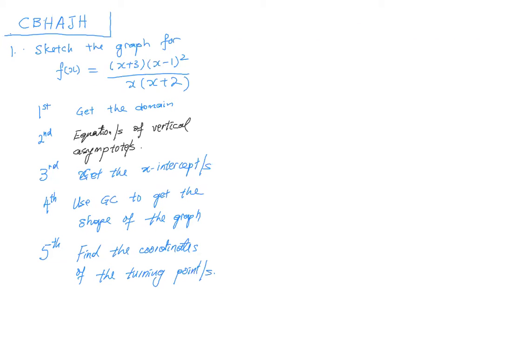Okay? So, can I give you 3 minutes to settle this question? We are quite familiar with domain, equation of vertical asymptote, get the x-intercept, use the GC, am I right?